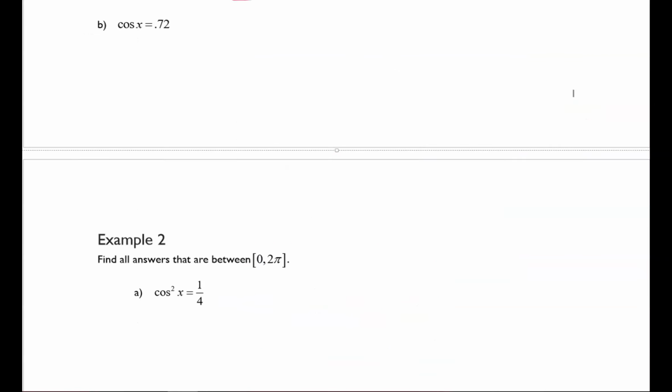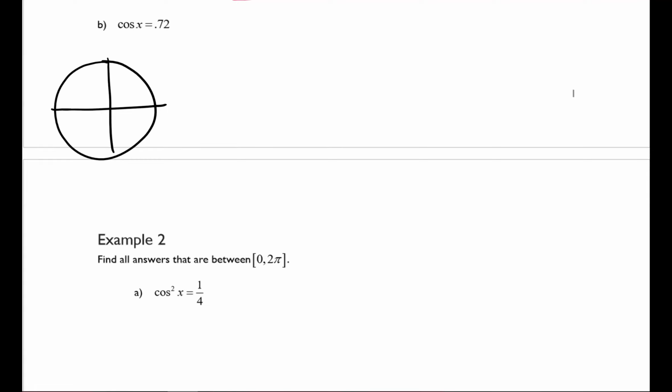All right, so the next example we want to solve says cosine of x is equal to 0.72. For these questions, I very much like to draw a quick sketch of my unit circle, and we have a cosine value that is positive, and there is a mnemonic device that says all students take calculus, and this mnemonic device tells us where each trig function is positive.